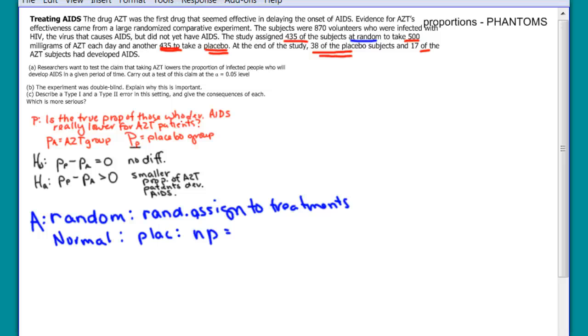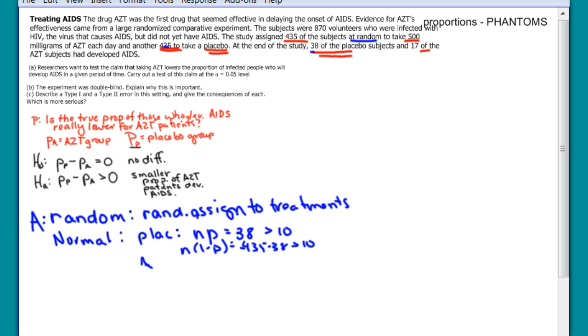In this case, success is actually developing AIDS, and we have 38 of them actually developed AIDS, which is indeed larger than 10. n1 minus p is going to be whatever we get when we take 435 minus 38. 435 minus 38 is certainly bigger than 10.